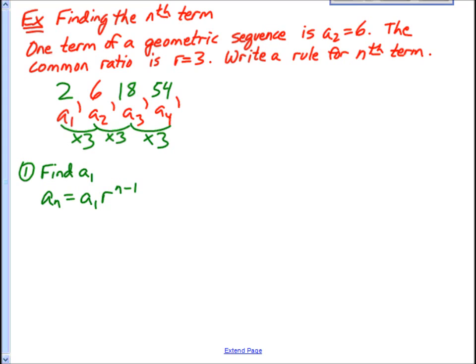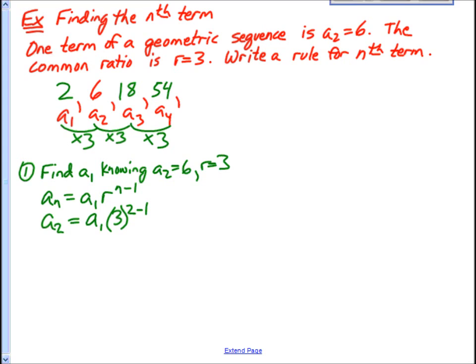Okay, so you just plug it in. So we find A1 knowing that A2 is 6. So we plug in A2. So my N is 2. I don't know my first term. I know my R. We also knew my R was 3, right? N is 2 again, because it's the second term.